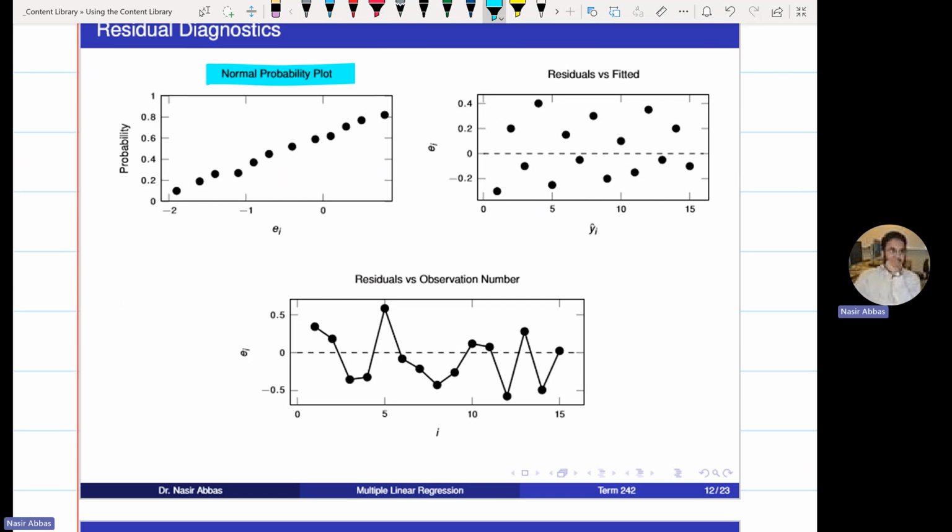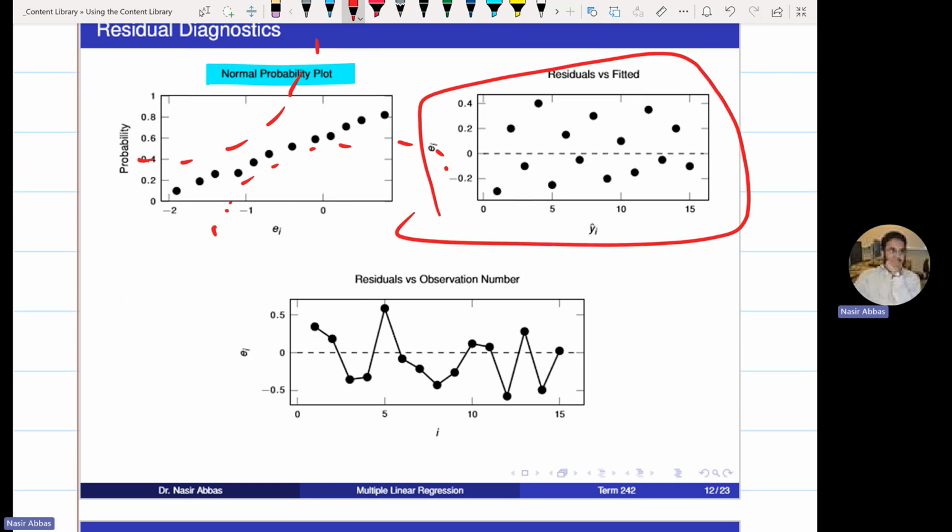The assumption is okay. But if you are far from normality, if you see the points plotted something like this, or systematically deviating upwards or downwards from the top or from the bottom, that means normality assumption is violated. The second plot is where you plot the residuals against the fitted values. This plot is for assumption number 2 and 4, for equal variance and for linearity.